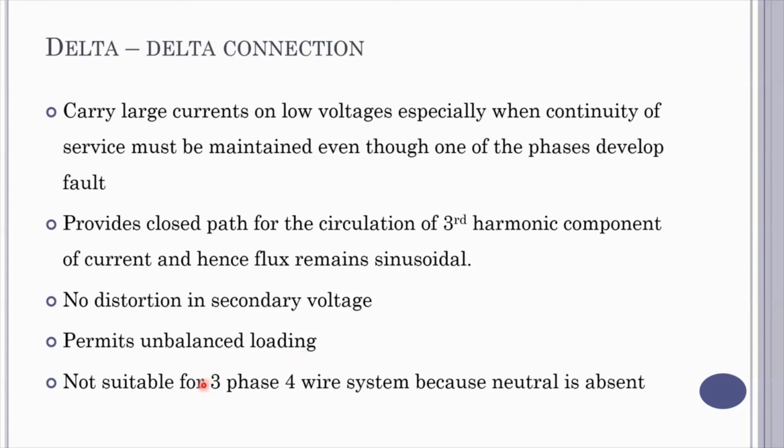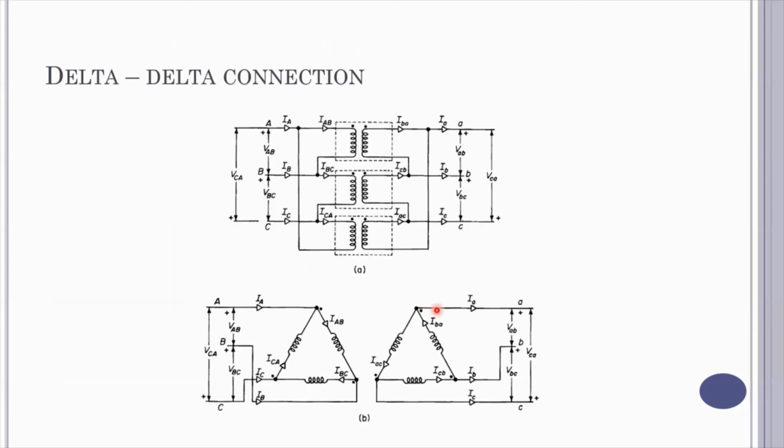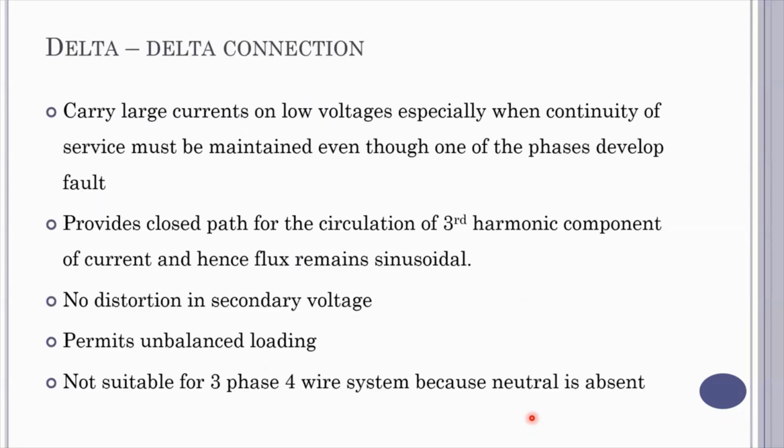And the only disadvantage is that this is suitable only for a 3-phase 3-wire system. And if you have a 4-wire system, we don't have a neutral here, right? So we cannot pull any 4th wire from this configuration.